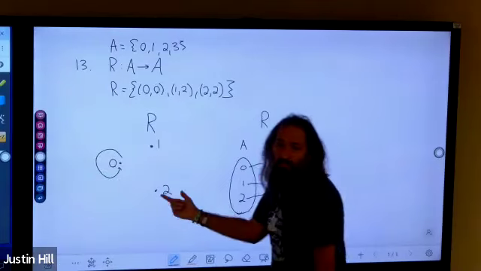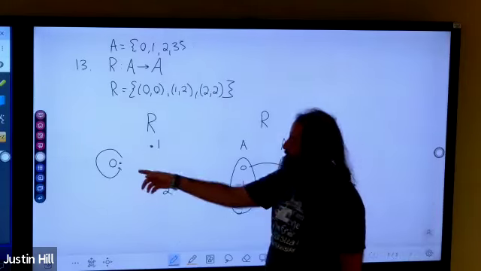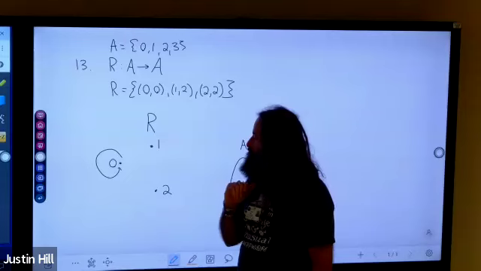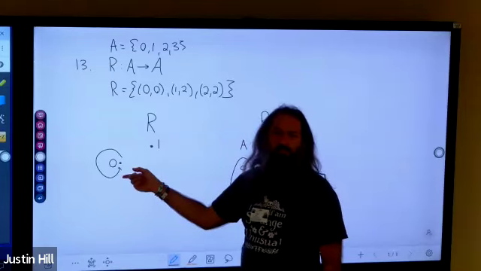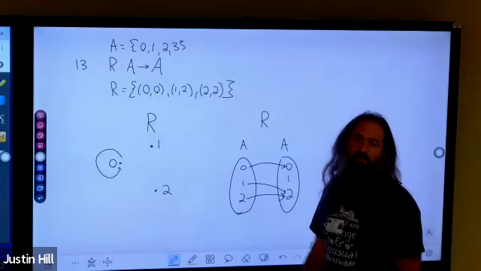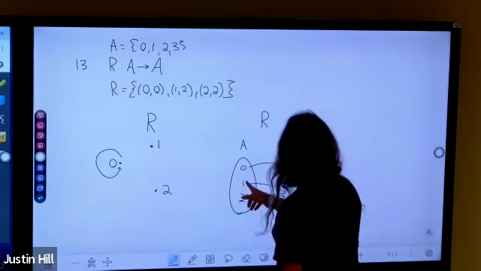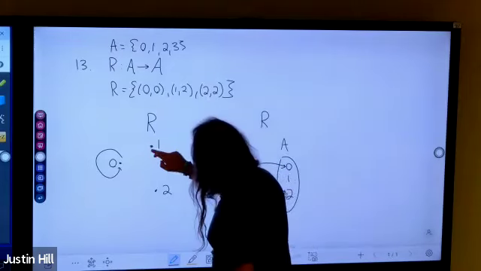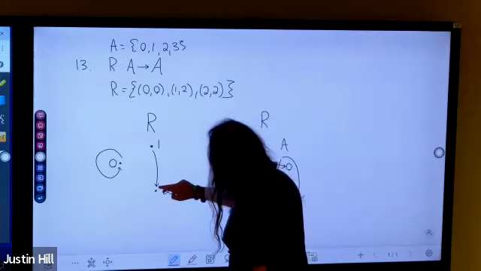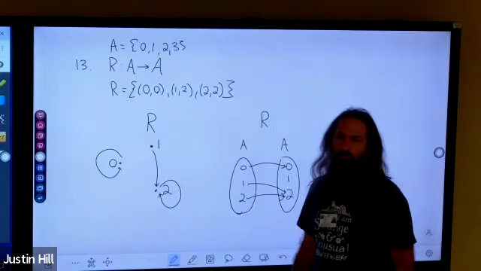It does the same thing the arrow diagram does, but now I don't need to write the 0 twice. What about 1? 1 goes to 2, so I write an arrow from 1 to 2. And 2 goes to 2, so I write an arrow from 2 back around to itself. And voila, you have a directed graph.